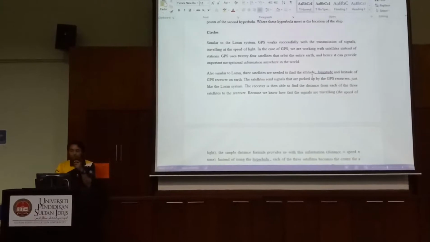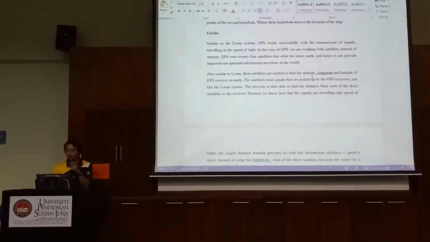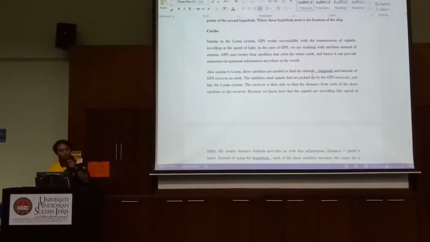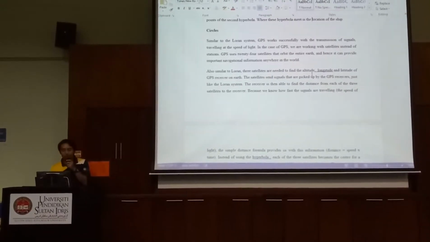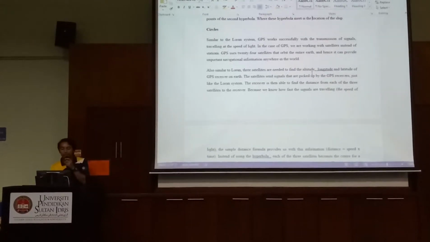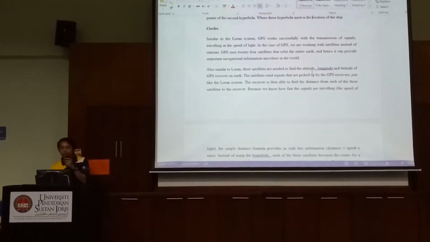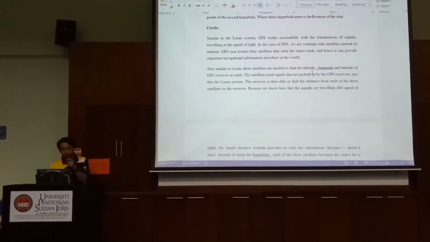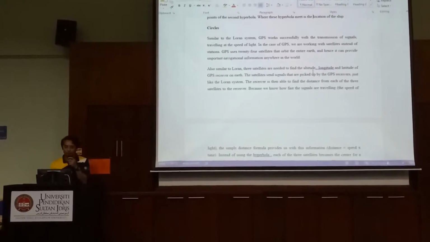Similar to the Loran system, GPS works successfully with the transmission of signals traveling at the speed of light. In the case of GPS, we are working with satellites instead of stations. GPS uses 24 satellites that orbit the entire Earth, and hence it can provide important navigational information anywhere in the world.